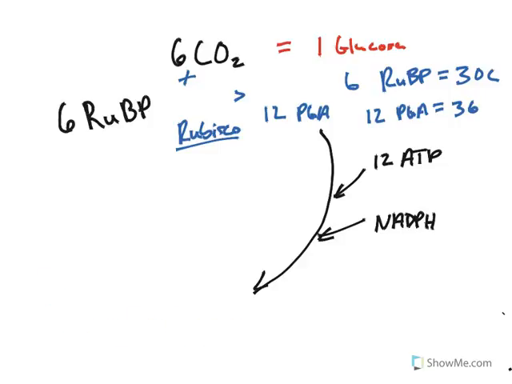So after we spend our 12 NADPH and our 12 ATP, our molecule is now going to be referred to as GAP. So we're going to have 12 GAP molecules, or glyceraldehyde 3-phosphate.